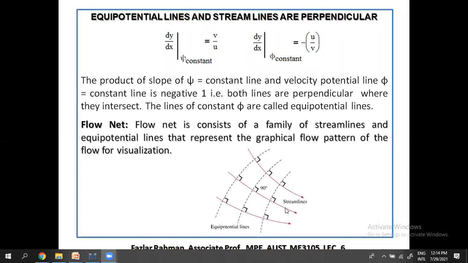And they intersect each other at a 90-degree angle, which we already proved. So what does it represent? It represents that all those points along the line have the same velocity potential.